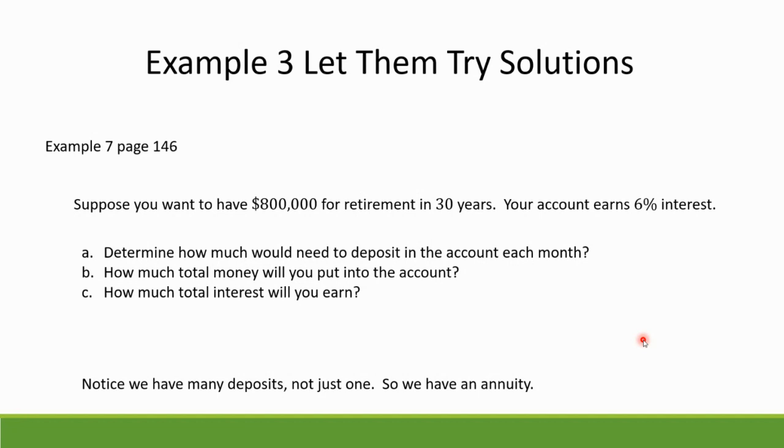So we want to know first, how much do we need to deposit into the account every month? Again, we have many deposits here. We're making a deposit each month, and because of that, we're going to assume the account is compounded each month.